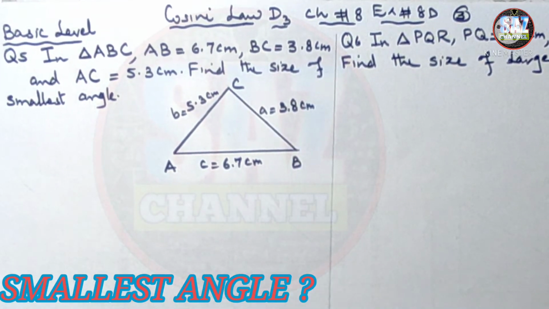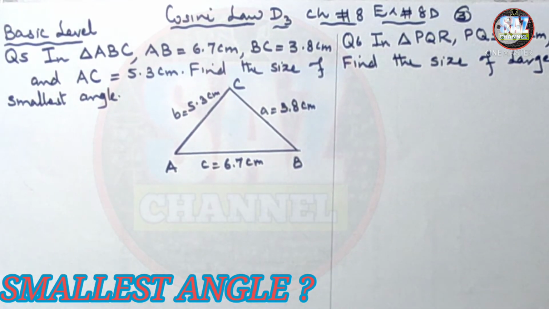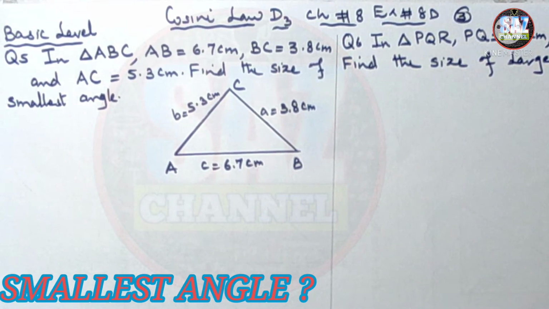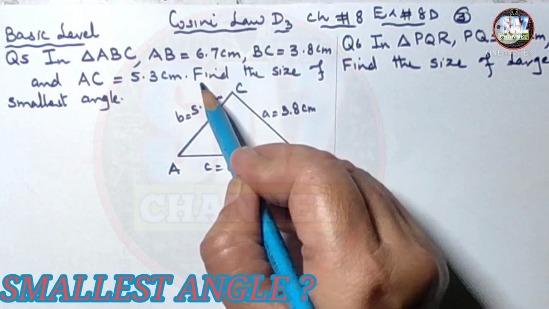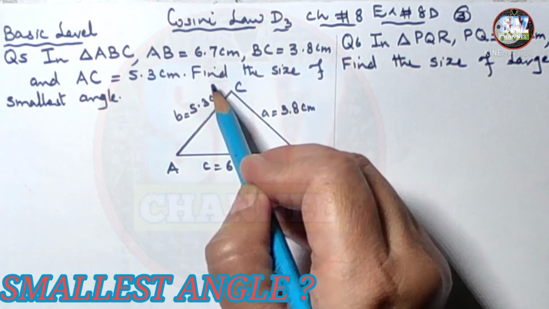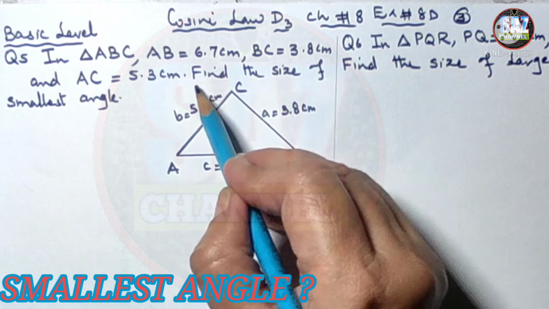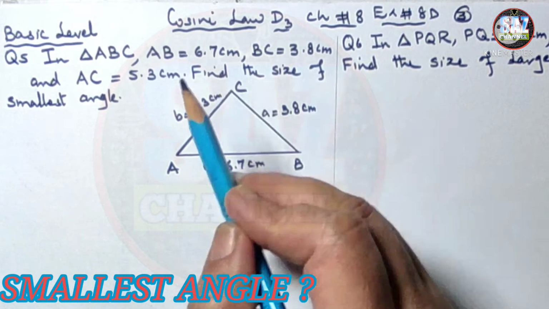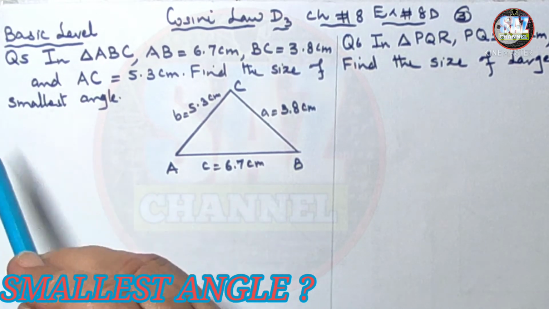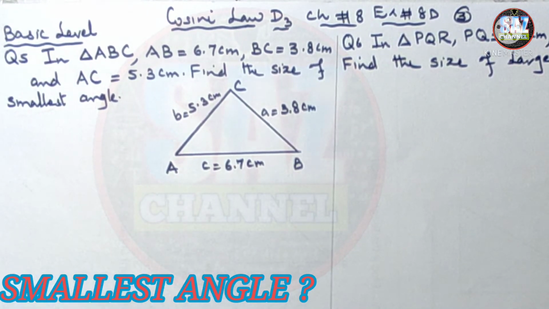I always advise my students to read and compare the question and underline important terms of the question. Here the requirement of the question is the terms that begin after the word find, what and how. The actual requirement of the question is the size of the smallest angle.